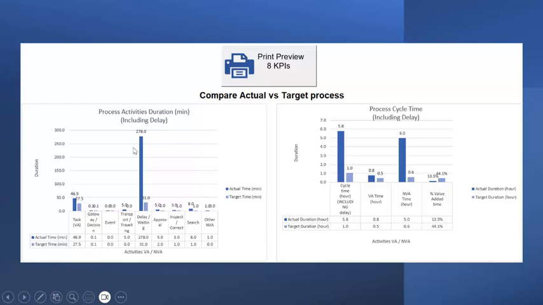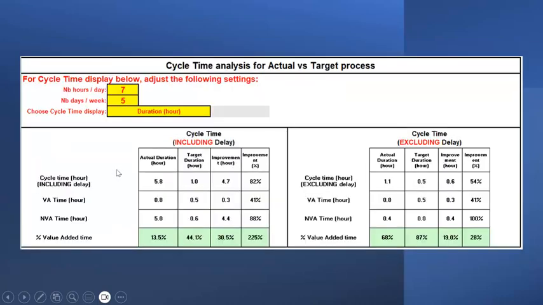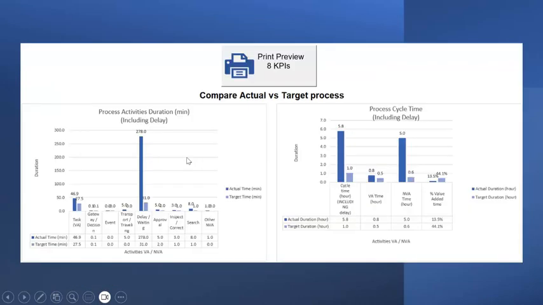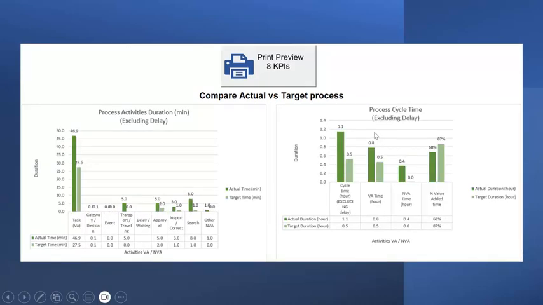So here you can see the activities including the delays. So this is like the detail of this table here. All right. And here you have the process cycle time, 5.8 hours including the delay. And here process activities excluding the delay. So you can see that you have 46 minutes. These are in minutes of activities.